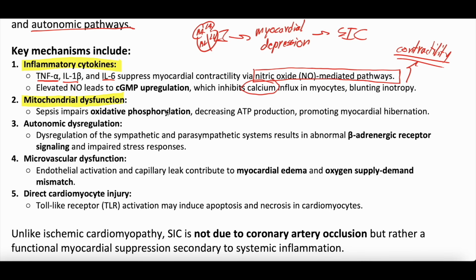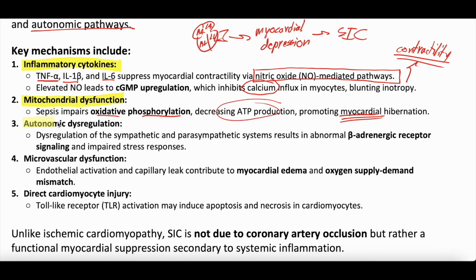But sepsis impairs the mitochondria's ability to do oxidative phosphorylation. Thus, the mitochondria cannot produce enough ATP, and that leads to the myocardial cells not having enough energy to kind of function at their peak. And that can lead to decreased cardiac function.